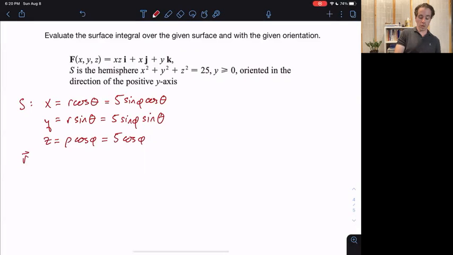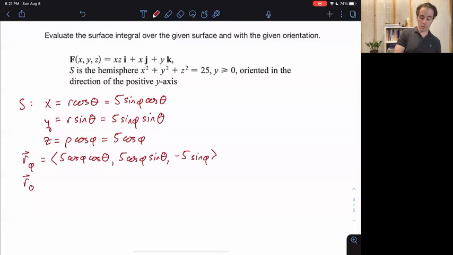So first we'll get r_phi. This is just one component at a time, differentiate them with respect to phi: 5 cosine phi cosine theta, 5 cosine phi sine theta, and negative 5 sine phi.